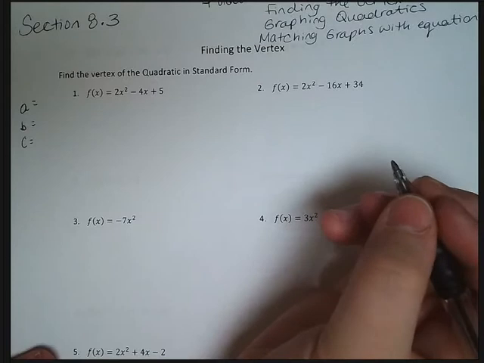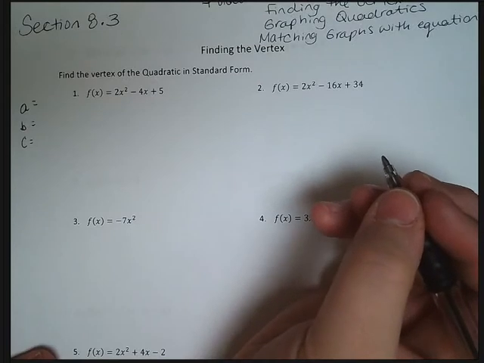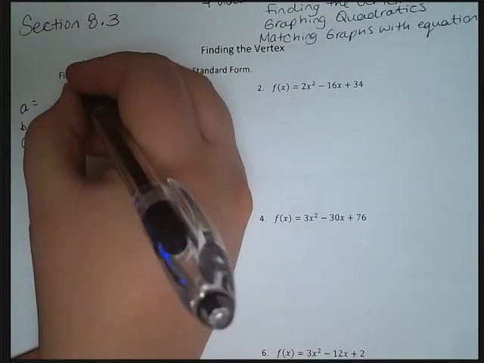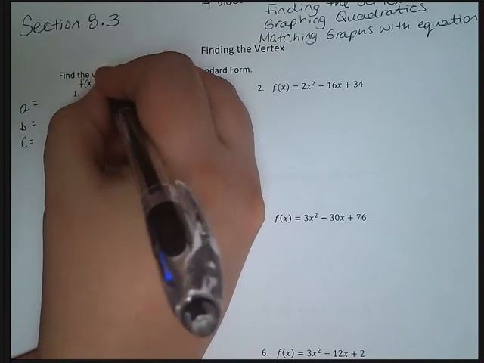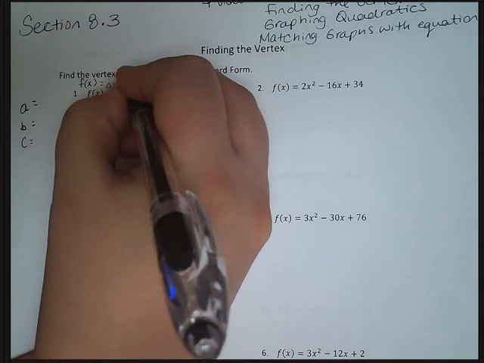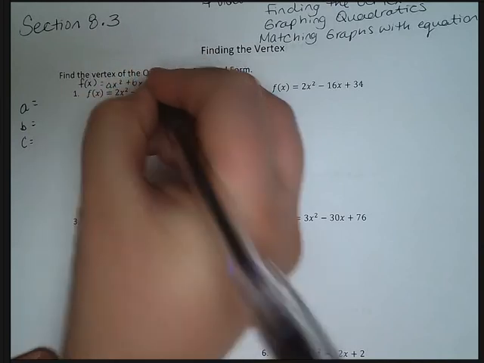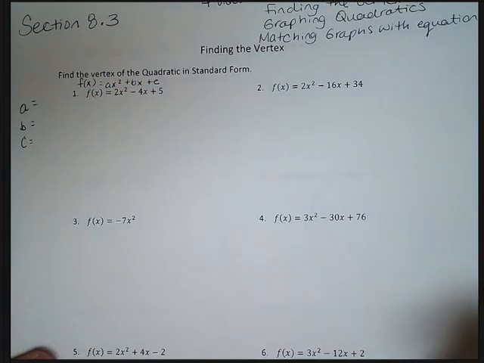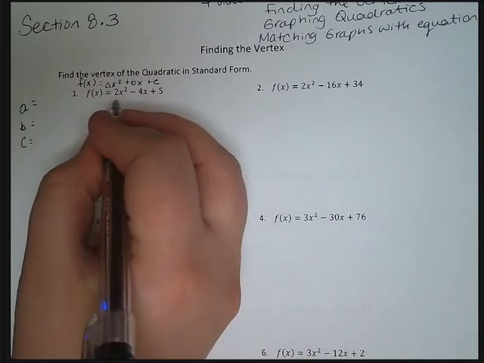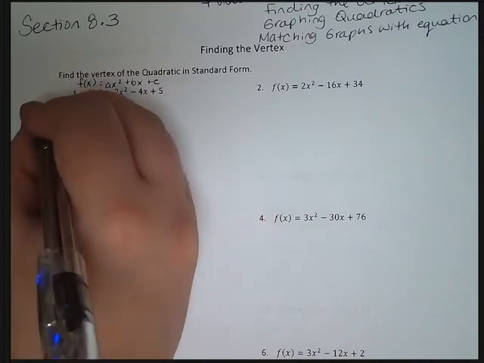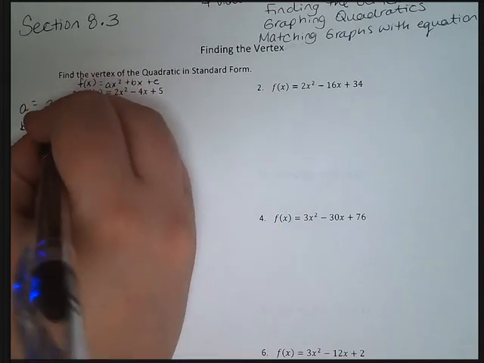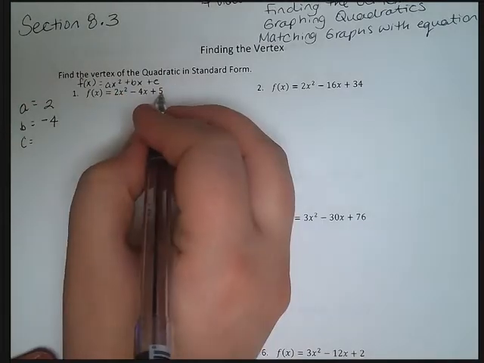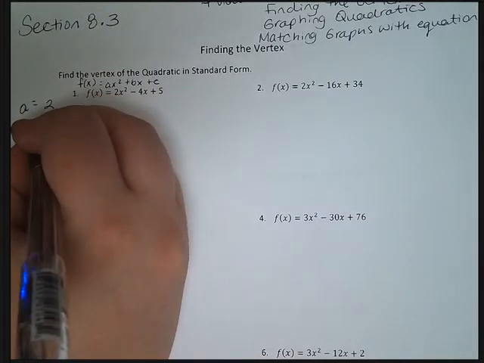So we learned in our What Does A Do video that it's f of x equals ax squared plus bx plus c. That was the formula that we learned. So a is our number in front of the x squared, so a is 2. B is the number in front of x, which is negative 4. And c is the number that's by itself, which is 5.